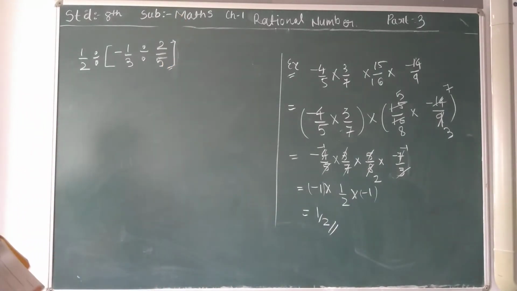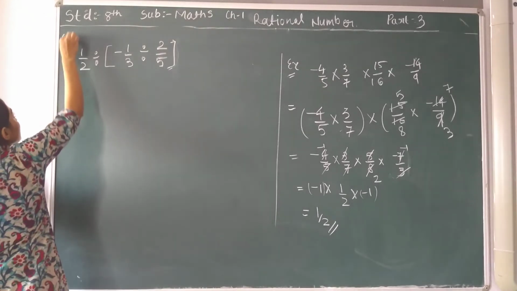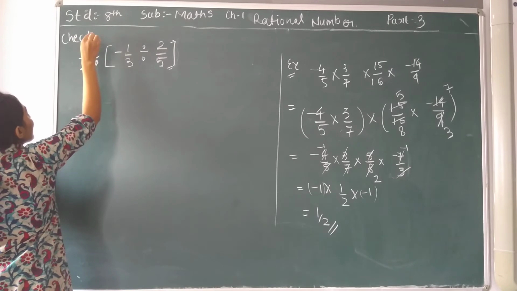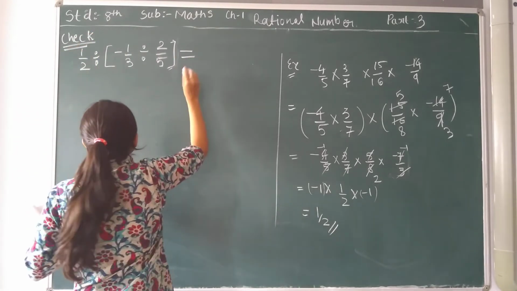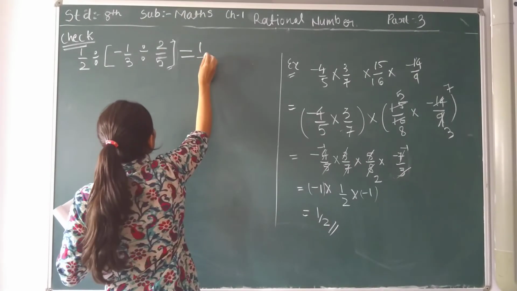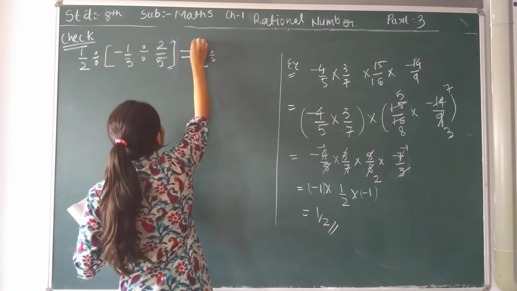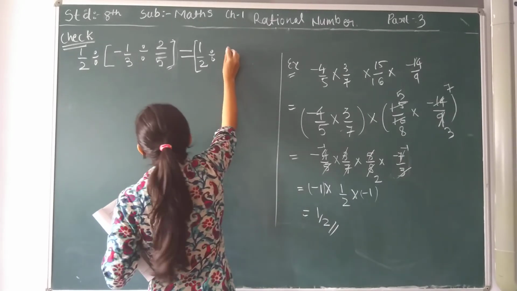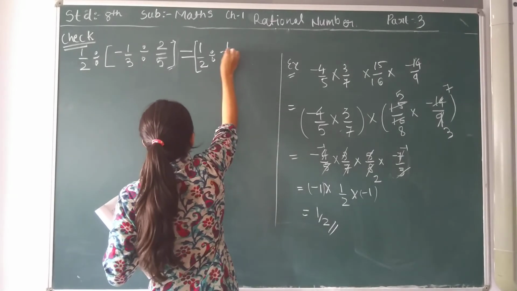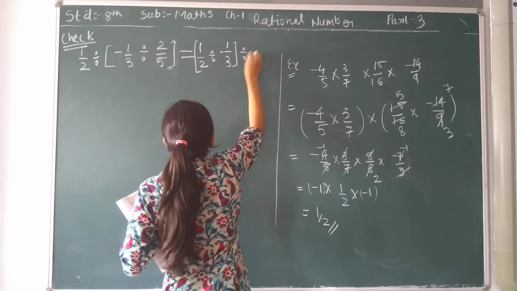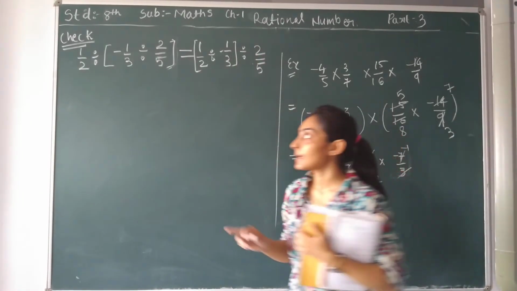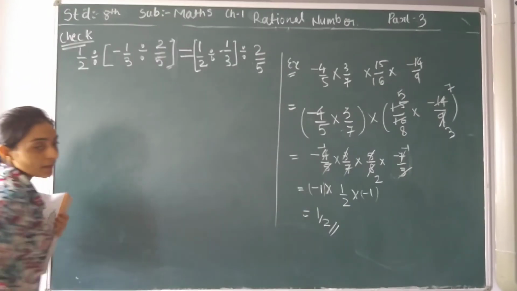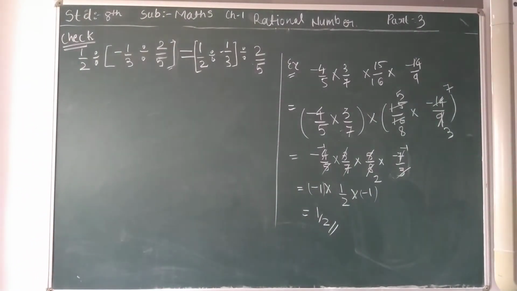Okay, the question asks, check whether these two are equal or not. Whether these two are equal or not. Okay, so the question says check whether these two are equal or not.